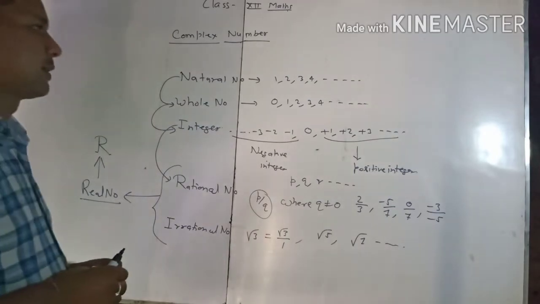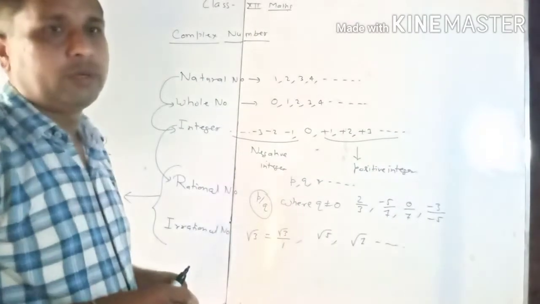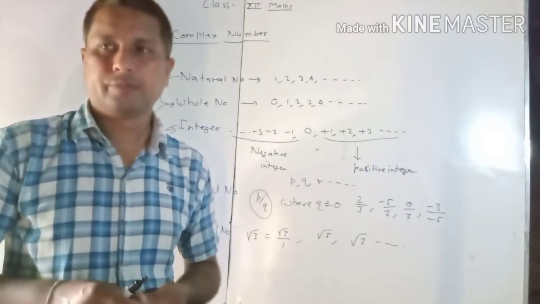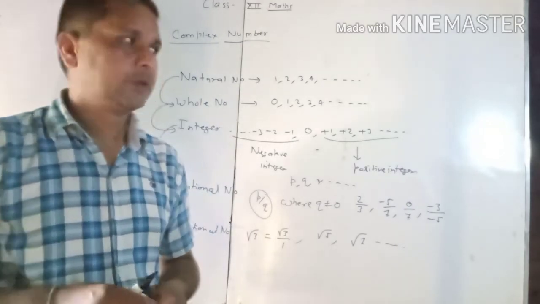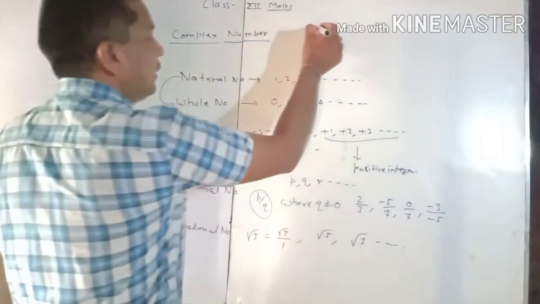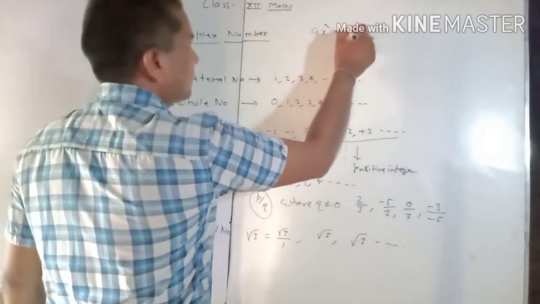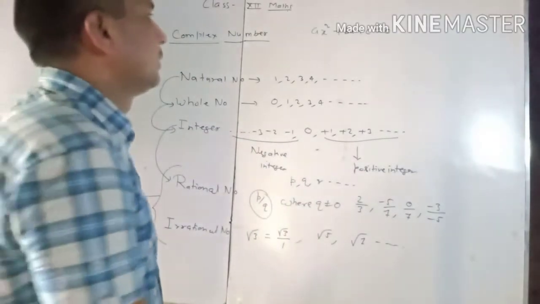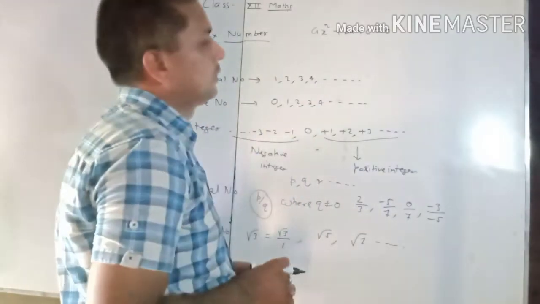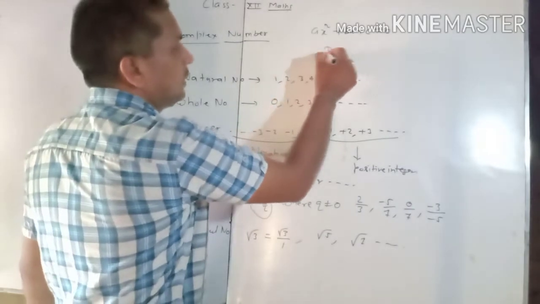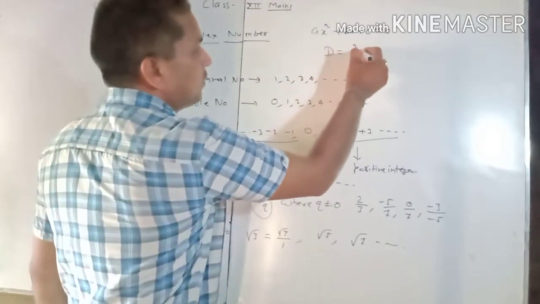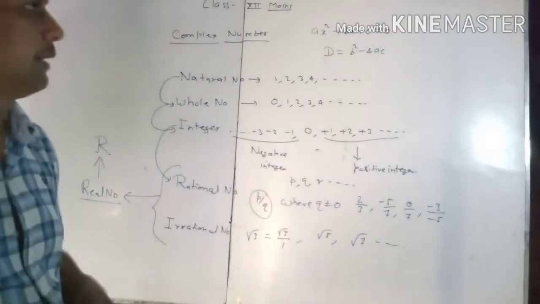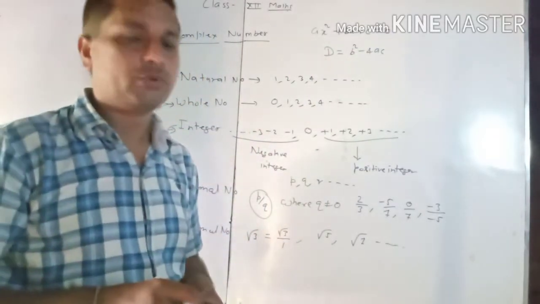Okay. In class 10th, we studied quadratic equations. An equation of the type ax square plus bx plus c is equal to 0 is called a quadratic equation. In a quadratic equation, D is equal to b square minus 4ac, called the discriminant, which gives the nature of the roots.